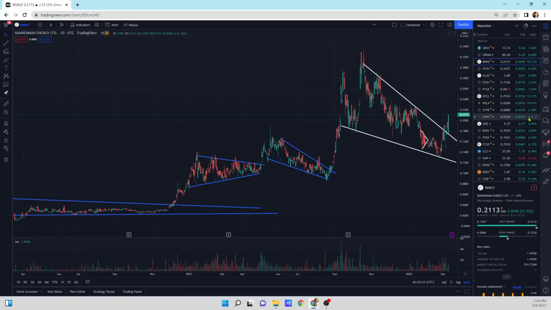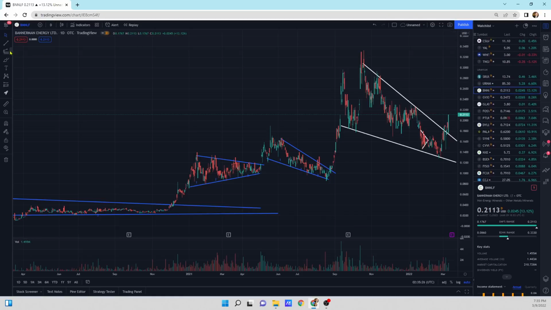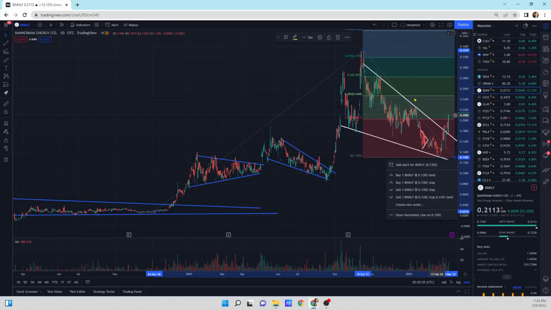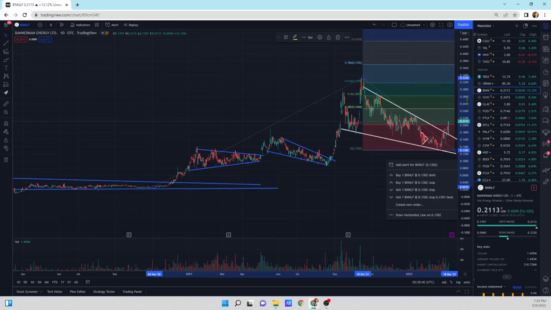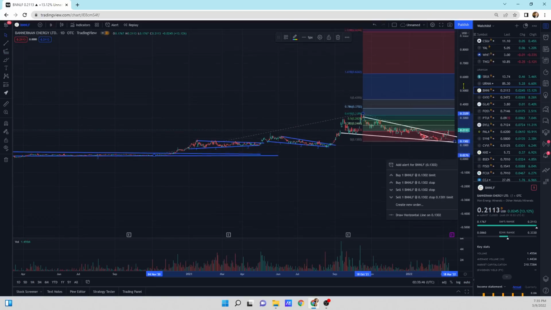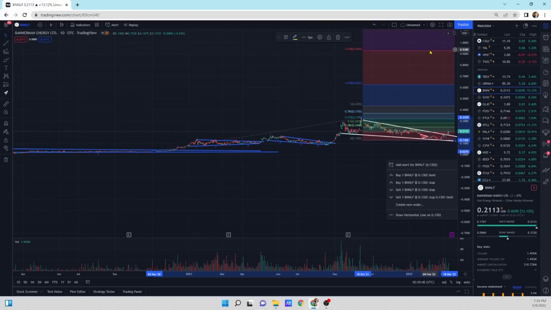And if we were to do a projection on Bannerman, I'm going to use the entire move here. I'm going to go bottom to top, and I'm going to say that that was kind of one big move. And I'm just doing this for fun, guys. I don't know if I'm doing it right. I don't want to break anyone's heart here, but it's got a move of 63 cents there, and then 94 cents if it's 2.618.